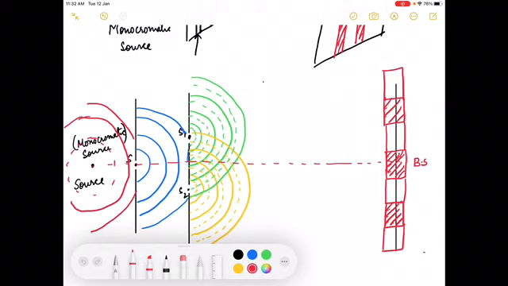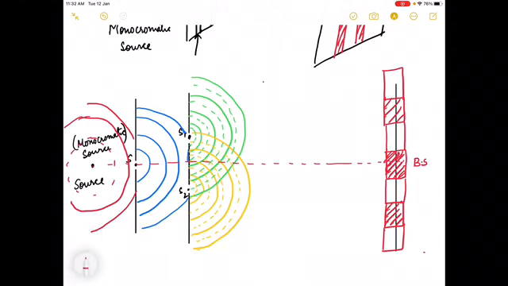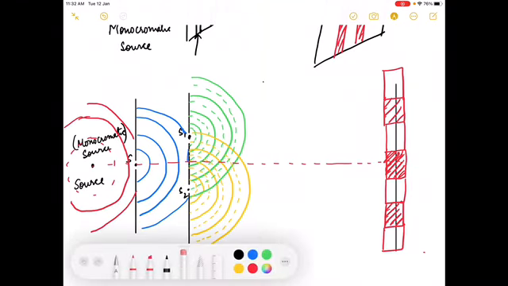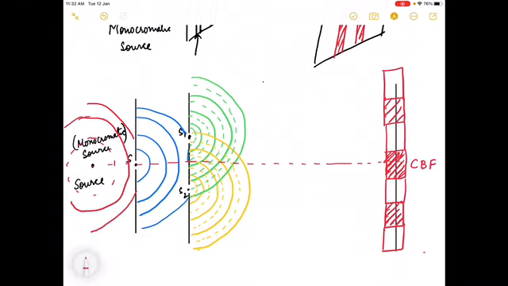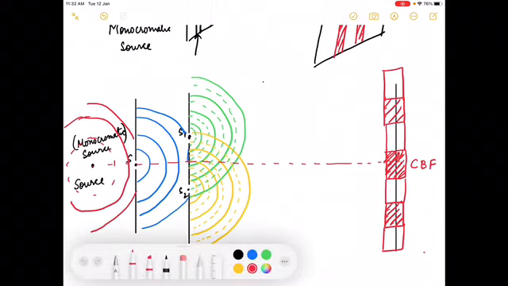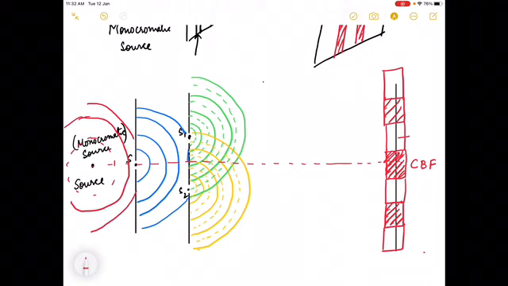Okay, great. The middle bright spot is what you call the central bright fringe. So let me write that here. The middle one is called the central bright fringe. Above that, you will call this the first dark fringe.